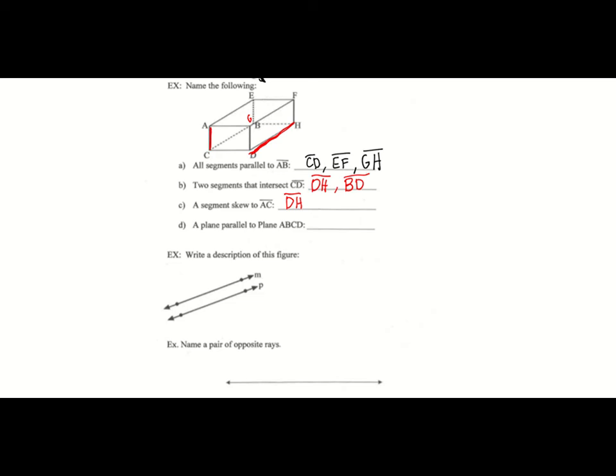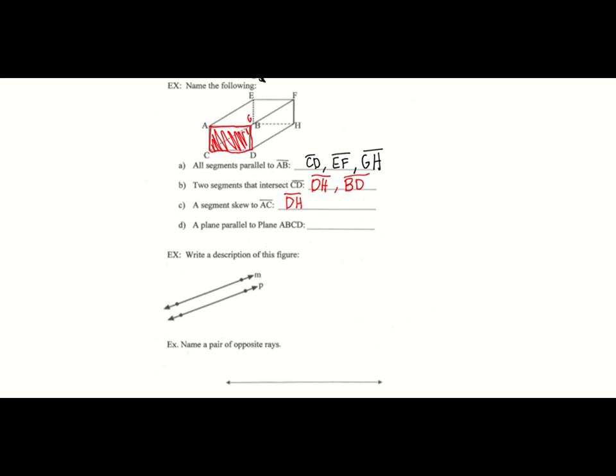Our last one is a plane parallel to plane ABCD. ABCD is the front of my box. It's this whole plane right here on the front. Now we want a plane that's in that same position, but just a little bit further away.